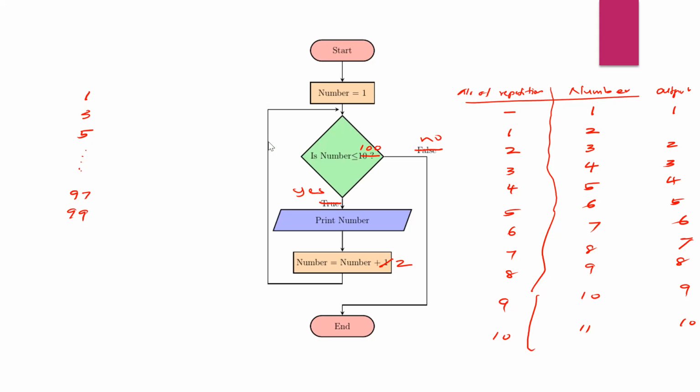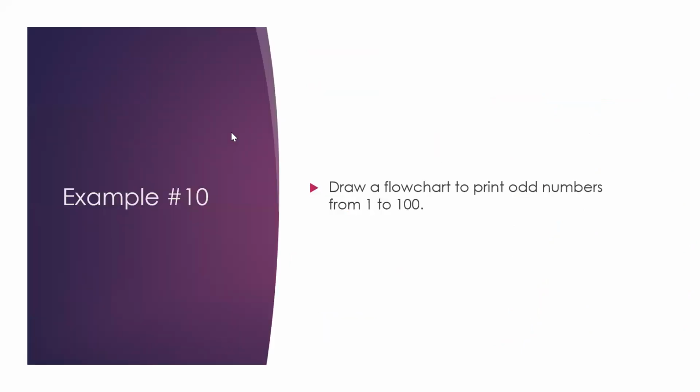Finished? So let's move to the next one. Now this time, draw a flow chart to print even numbers from 1 to 100.